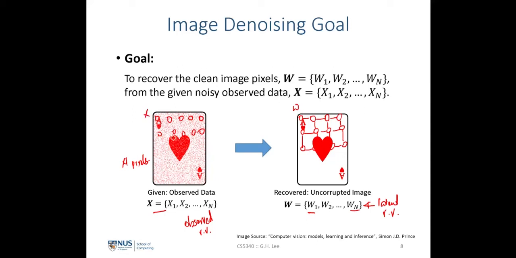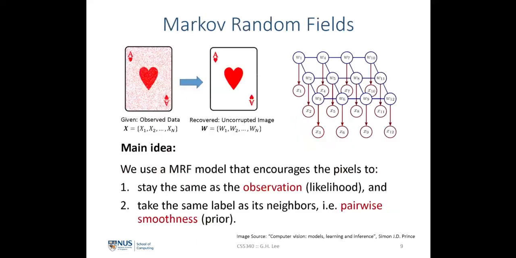If we put both of them together, for each latent random variable I'm going to have a corrupted pixel on the observed data, which I denote as w1 and x1, and so on and so forth. So we can see that this forms the loopy graphical model that I mentioned earlier at the start of the lecture.